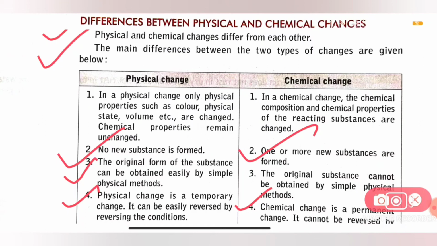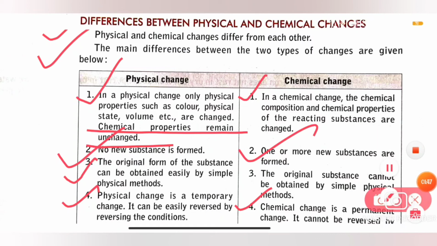And also in physical change, only the physical properties like color, physical state, volume are changing, but the chemical property and chemical composition remain unchanged, whereas in chemical change the chemical property and chemical composition, which are the two main things, are completely changed. So these are the differences between physical and chemical changes.